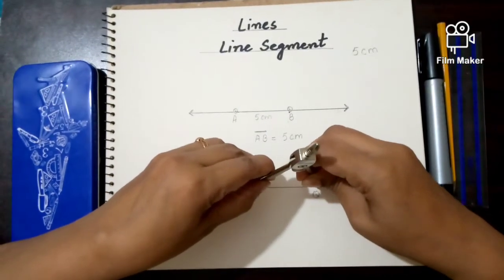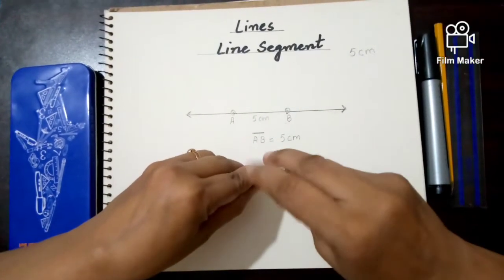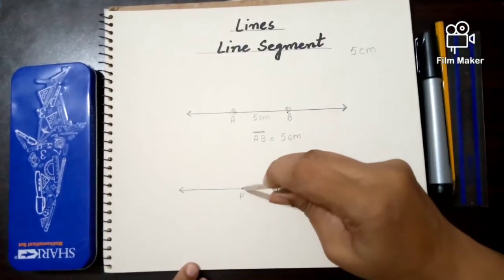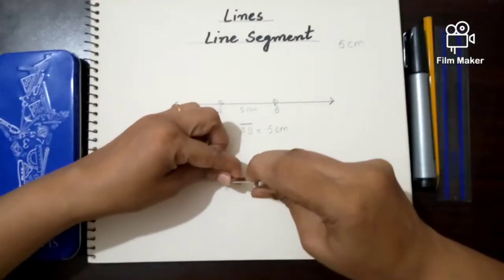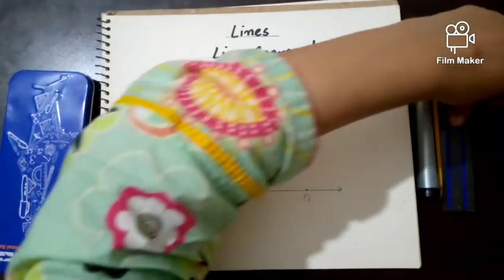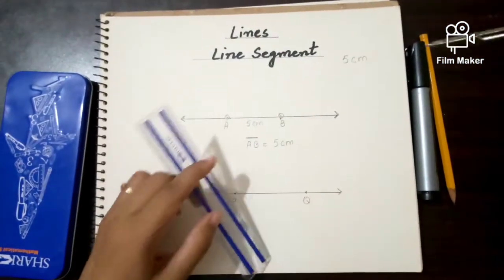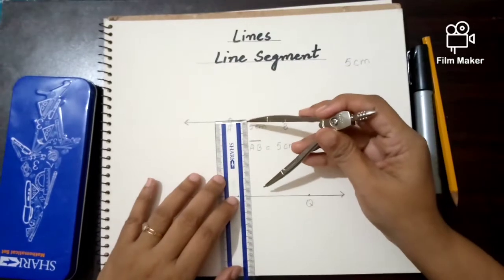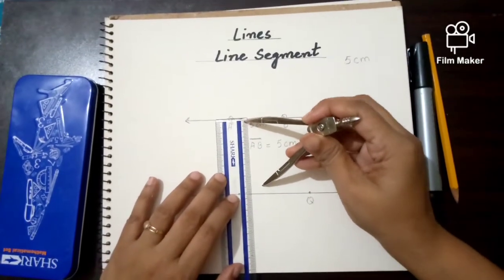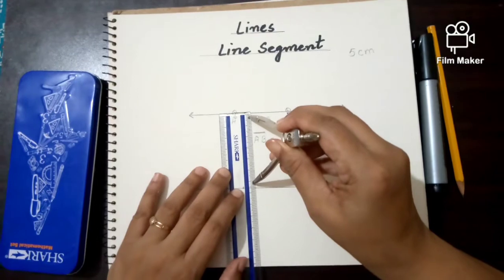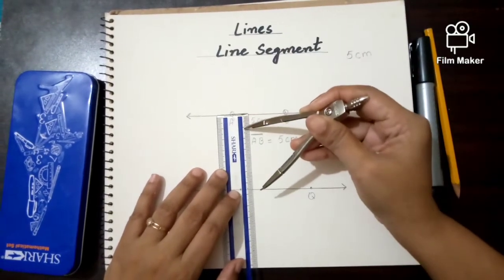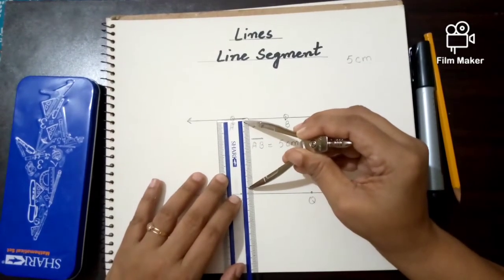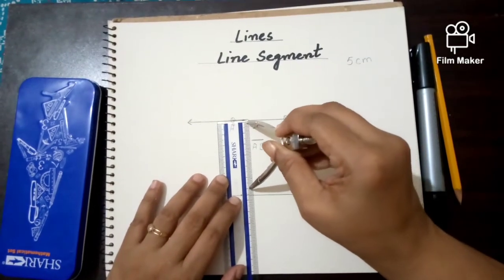First we will measure the distance between these 2 points with the help of the divider, and then find the length of this line with the help of the ruler. The length of this line is 1, 2, 3, 4, 5, 6 and 7 centimeter.